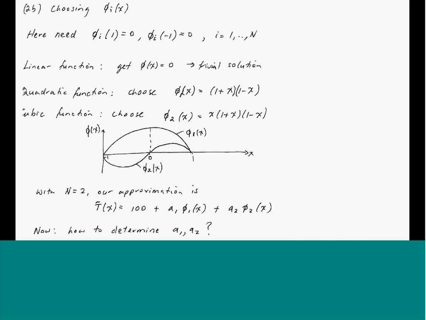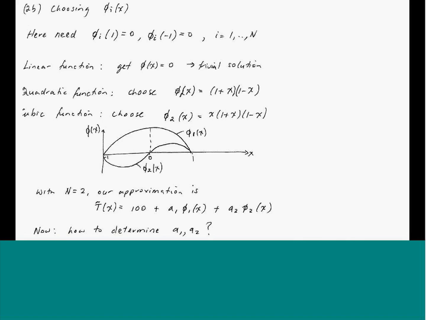So if we sketched out physically what these look like, we sketch phi as a function of x, the quadratic looks something like that, and the cubic looks something like that. So that's phi1 of x, and this is phi2 of x. All right, that's 0. Okay, so those are the choices we make.